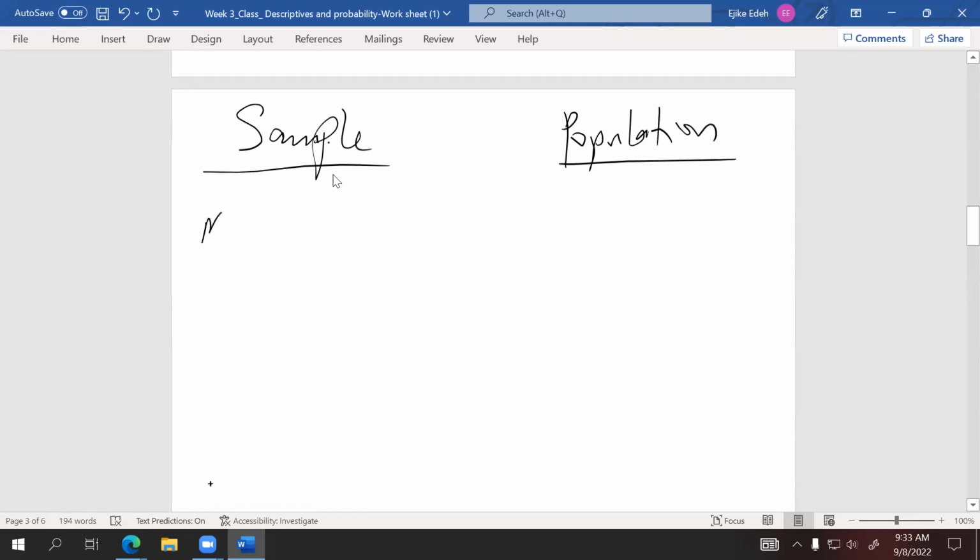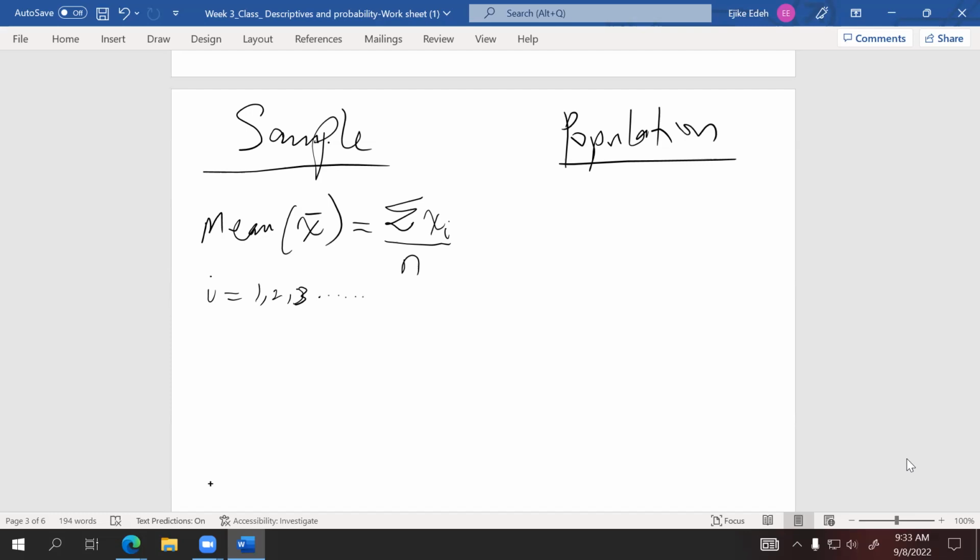So we started with the mean last class, and we talked about the sample mean. So the sample mean here is X bar, and it's giving us the sum of all the data. I'm using Xi to represent the data, divided by how many data points you have. And we're using small letter n to represent the sample size. So i will be 1, 2, 3, to infinity, whatever you can count on.